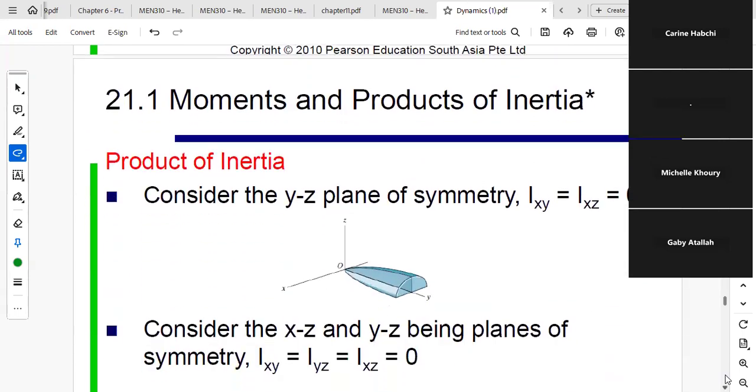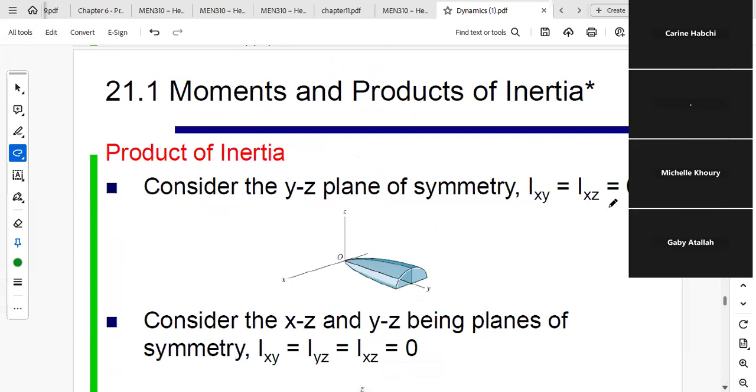Now, what about the moments and products of inertia? Whenever we consider a body, we have some rules that can simplify the calculation. If you have a certain symmetry, for example, if you look at this figure, the YZ plane is a plane of symmetry.